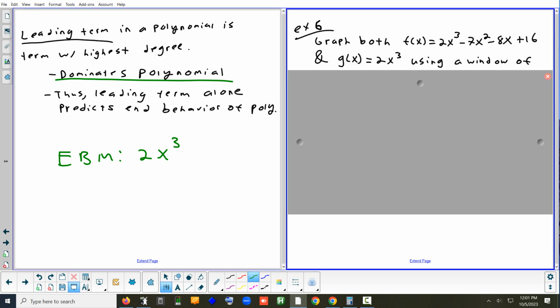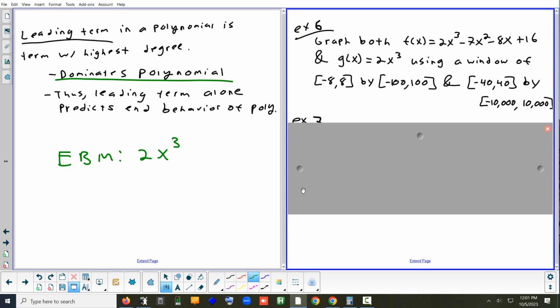I'm not going to do it, but if you graph f of x and the end behavior model, they look exactly the same if you zoom out far enough. You can't even really tell the difference between them. If you're zoomed in a lot, you can. They look very different in the first window. But in the second window, the blue one and the red one draw right on top of each other because you're zoomed out to negative 10,000 to 10,000.